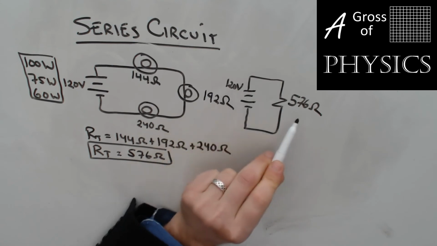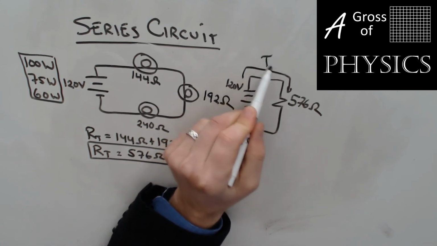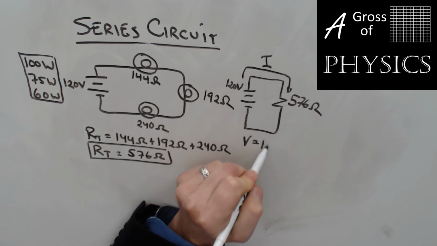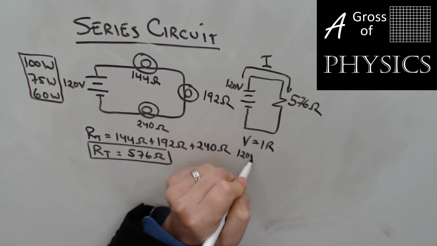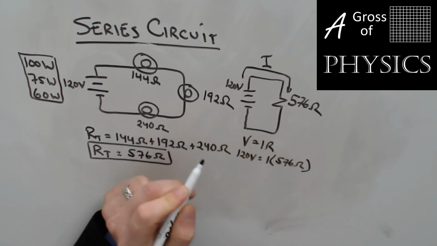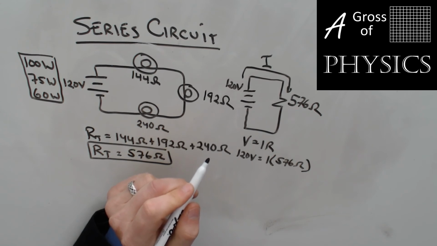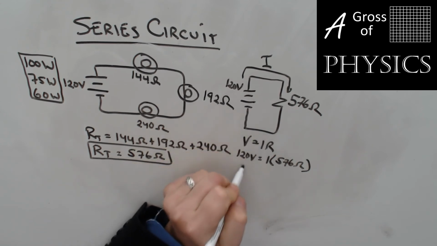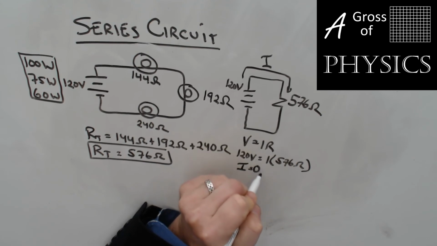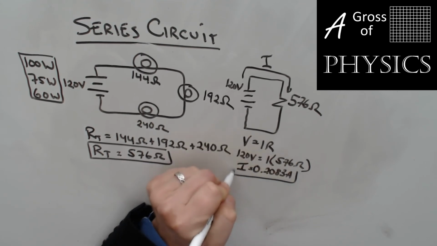Well, we have the voltage and the resistance in this simplified circuit, so we can find I using V equals IR. 120 volts, I, 576 ohms. 120 divided by 576 gets us a current of 0.2083 amperes.